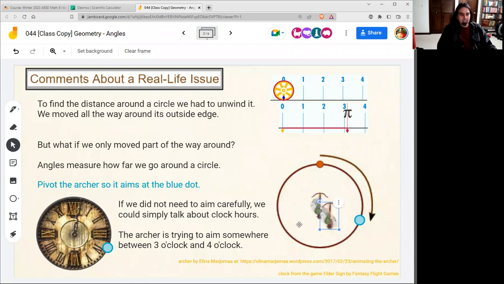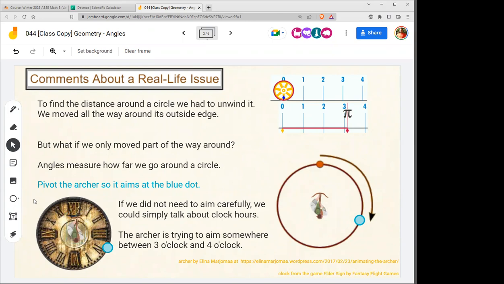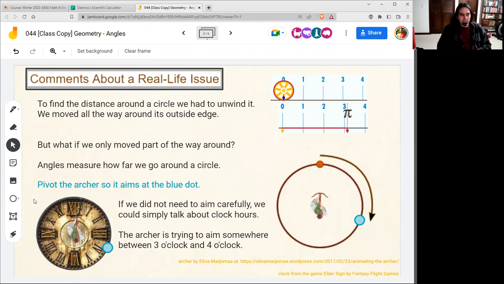Oh. Oh, okay. I didn't know what that was. It's the best I could find, a crossbow person. And you grab the archer and spin it. Ta-da!